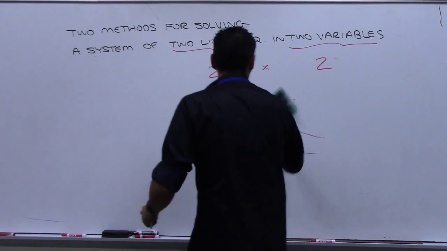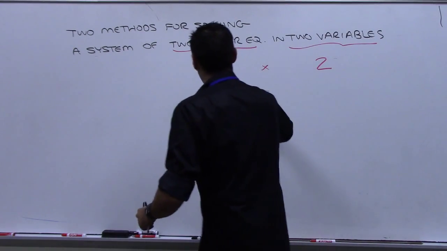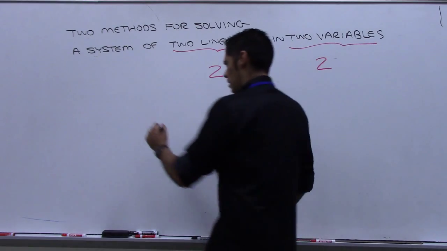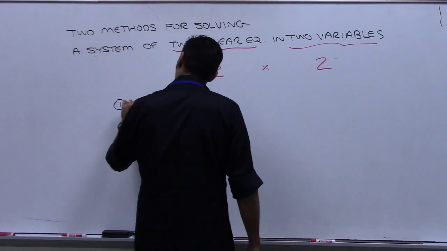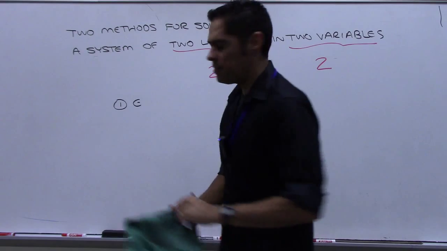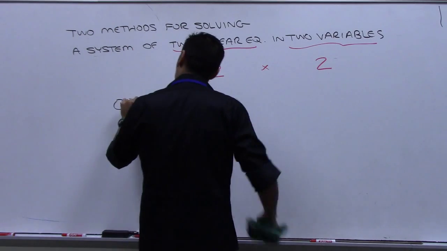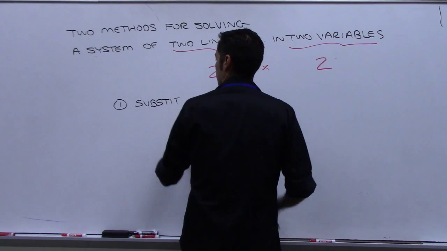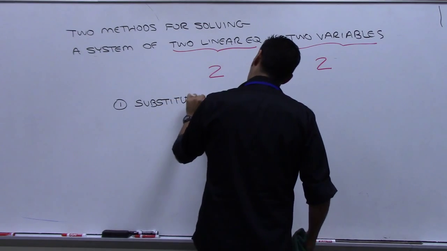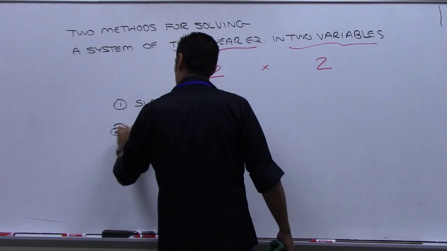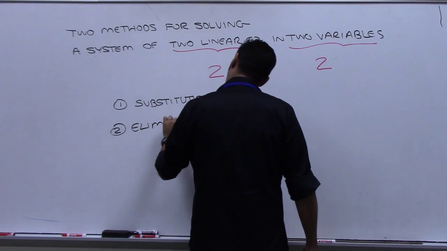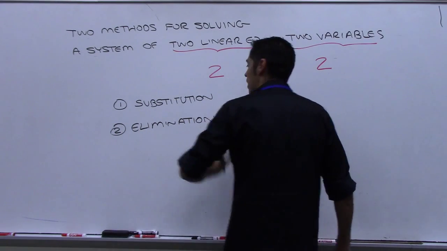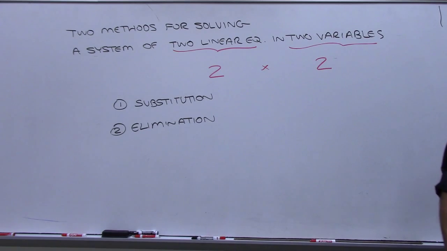The 2 methods are called, anybody know what one of the methods are called? Elimination. I'm going to actually write it. I'll do substitution first. Substitution. There we go. And then the second one is called elimination. Now, we are under time constraints here because we're at the end of the semester.